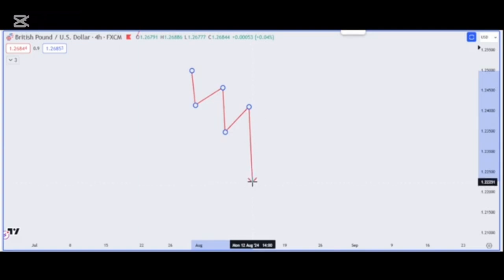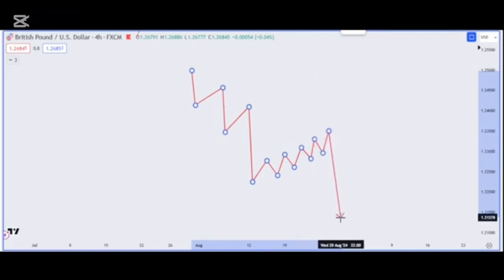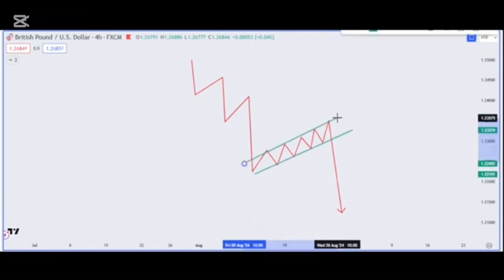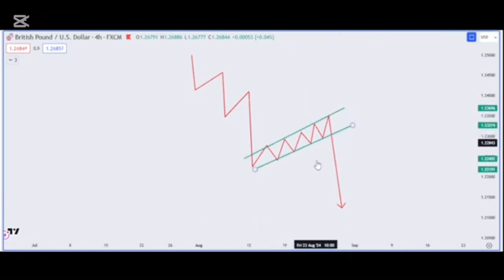Then all of a sudden, your market is giving us a formation pattern like this to the upper side. Then boom, this is a signal that this market is going to continue in the previous downtrend direction.